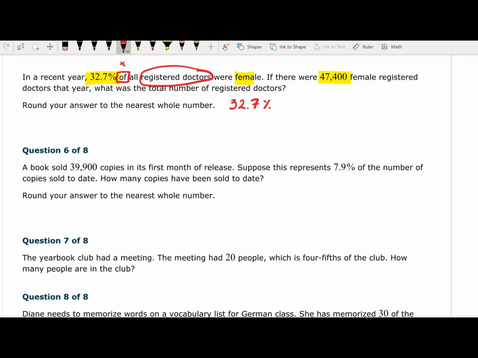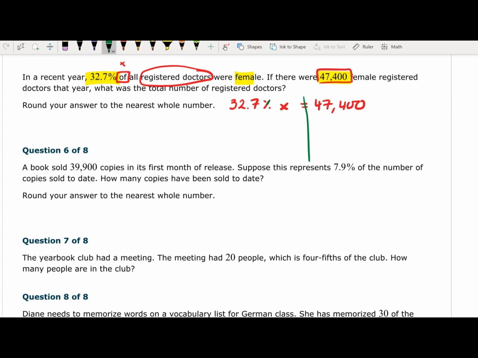We don't know how many registered doctors there were in that year, so that will be X. 32.7% of this amount of doctors are female, and the female doctors were 47,400, so equal to 47,400.